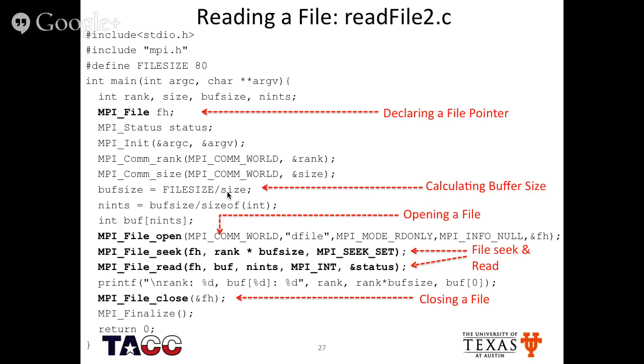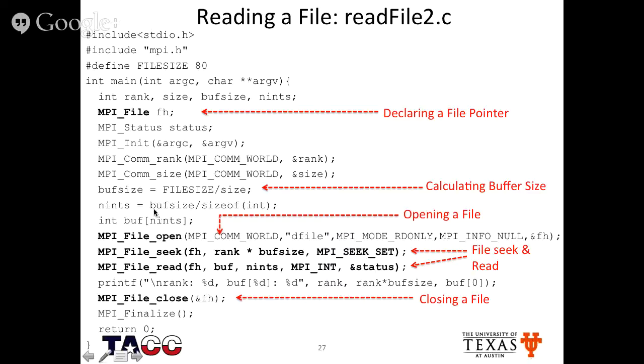Perfect, awesome class, yes. Size is the number of processes participating in my MPI communication, okay? So I grab that number and divide 80 by it. If I have 4 MPI processes or tasks, 80 divided by 4 is 20, right? So my buffer size is 20 here.